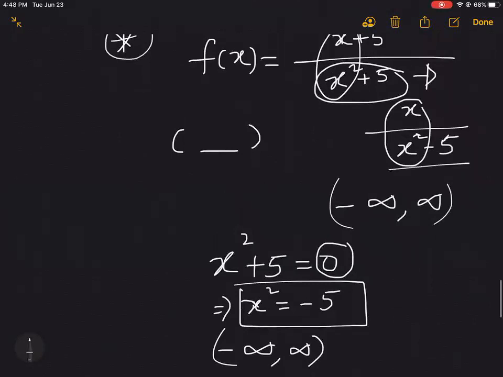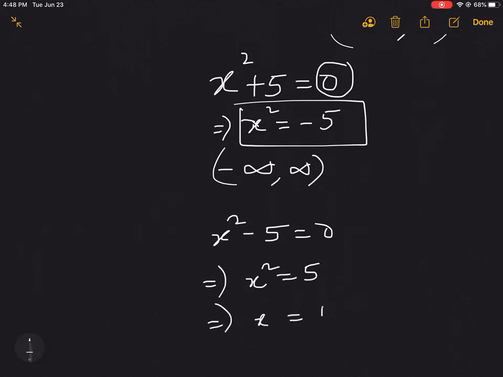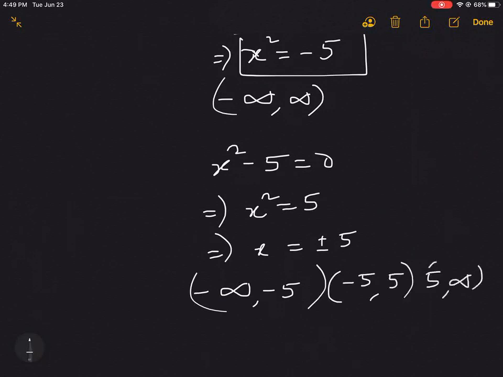Using the same concept, if we solve it for this one, x squared minus 5 is 0. X squared will be 5. If we solve it, taking square root on both sides, we get x equals plus minus root 5. That means it will be from negative infinity to negative root 5, from negative root 5 to root 5, root 5 to infinity.